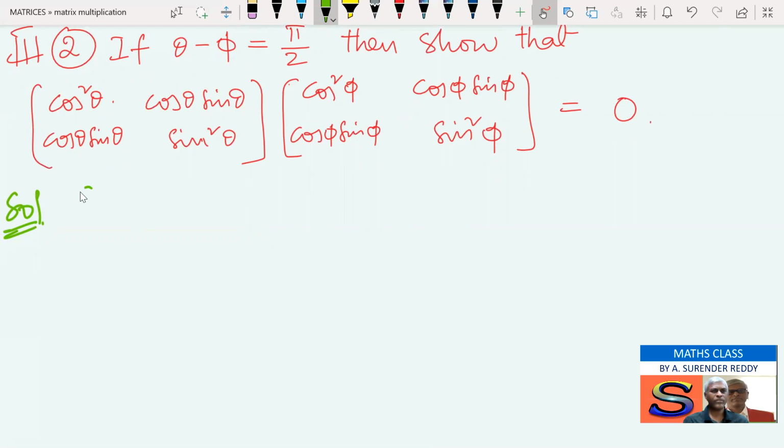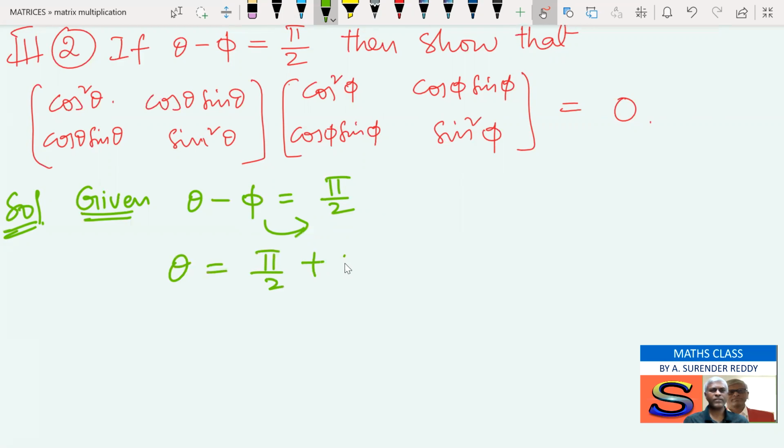So what is given in the problem is, if theta minus pi is equal to pi by 2, to bring pi this side, this becomes theta is equal to pi by 2 plus pi. So replace theta with pi by 2 plus pi.